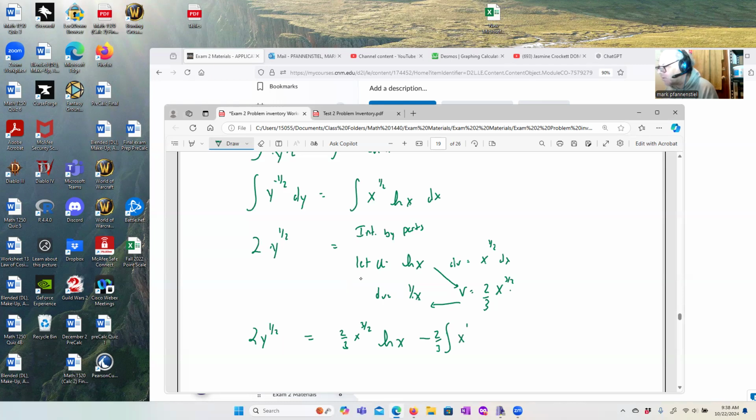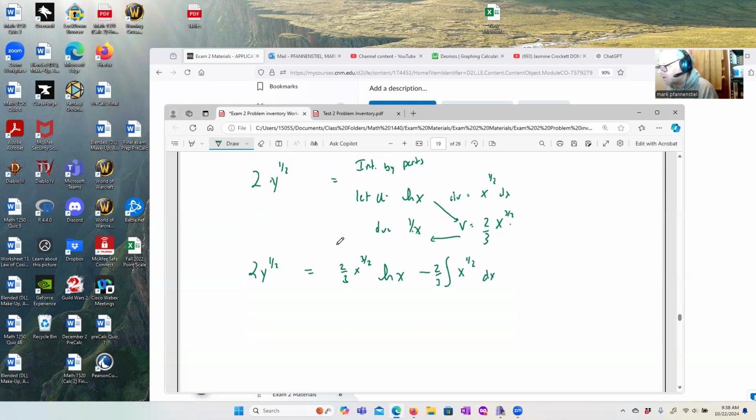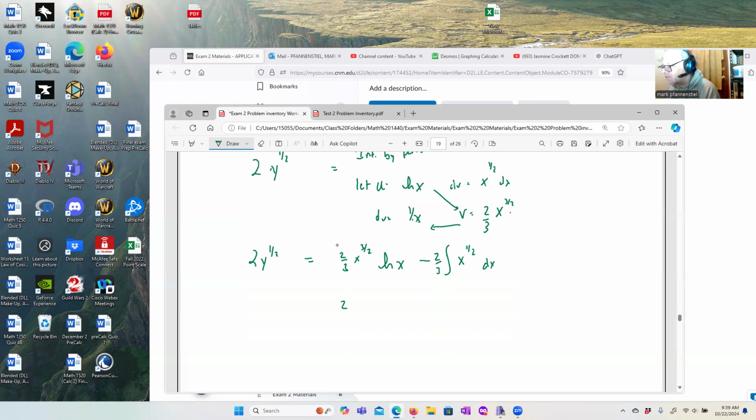That's just x to the 1/2. Okay, but we still have to integrate it. So we're going to go ahead and say this is 2/3 x to the 3/2 ln of x minus 2/3 x to the 3/2 times another 2/3 plus c. Don't forget the plus c.